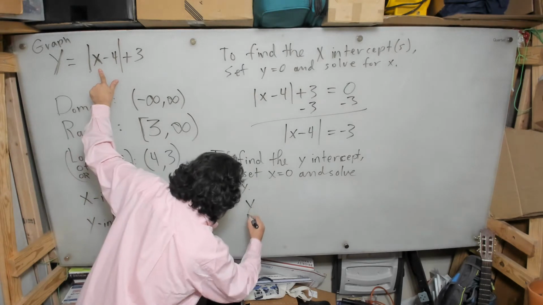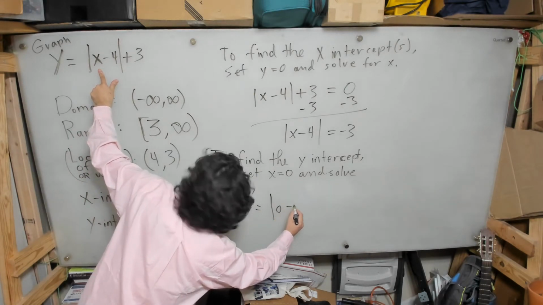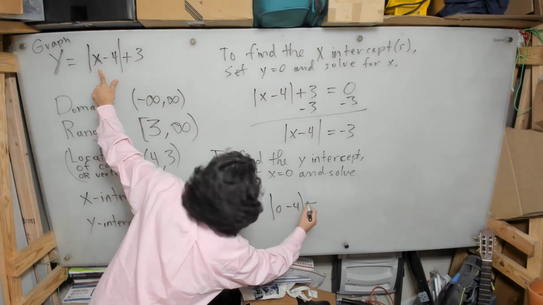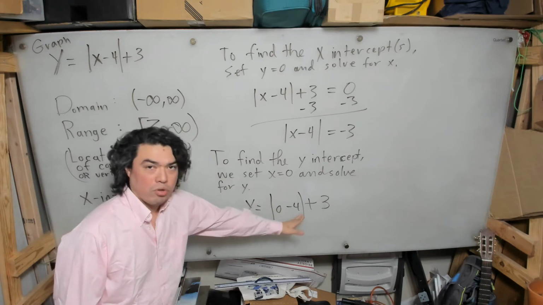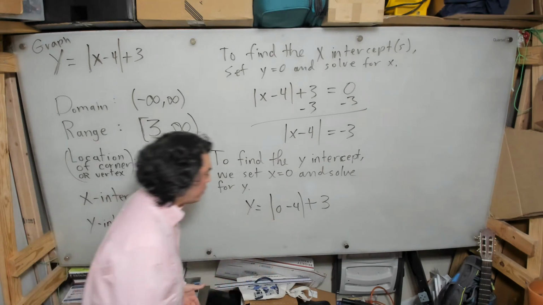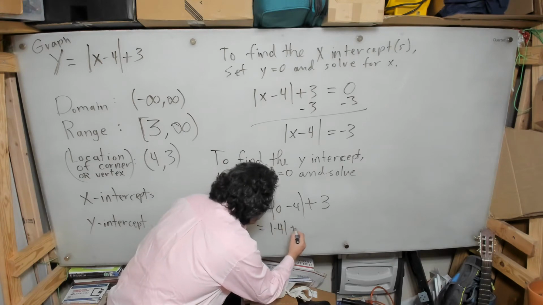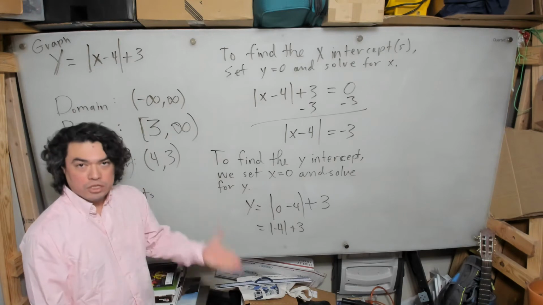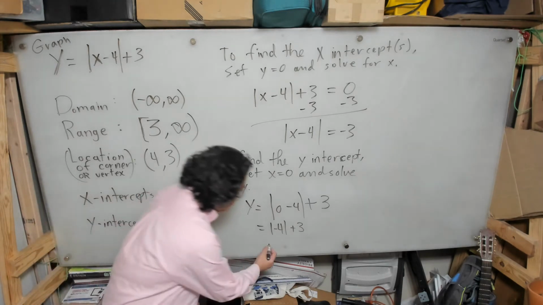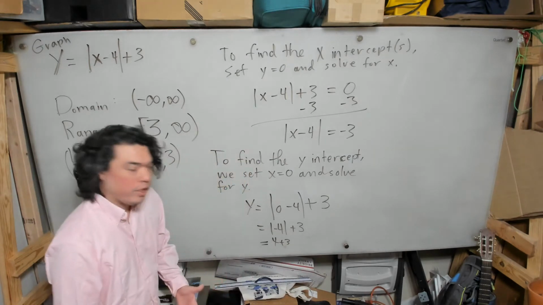So my y is going to equal the absolute value of 0 minus 4, plus 3. What is 0 minus 4? That's negative 4. So this simplifies to the absolute value of negative 4 plus 3. What's the absolute value of negative 4? Positive 4. So this becomes 4 plus 3. And what is 4 plus 3? That's 7.